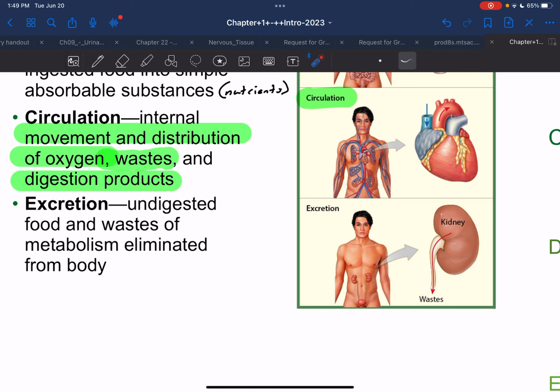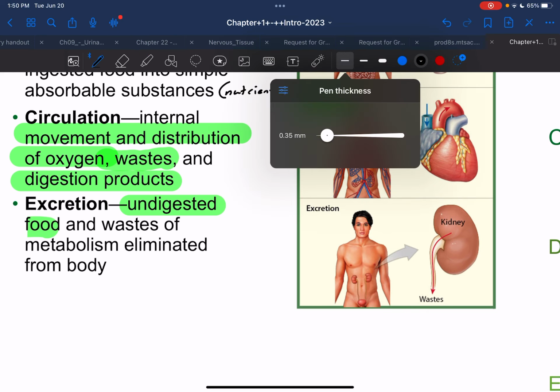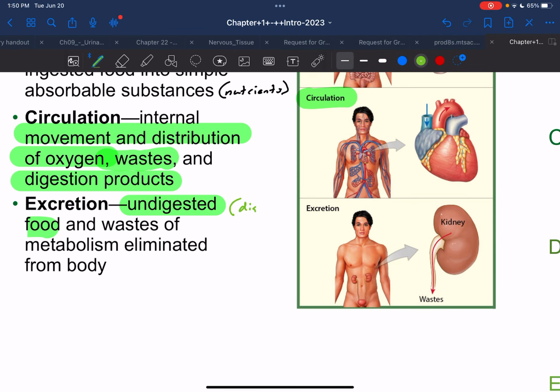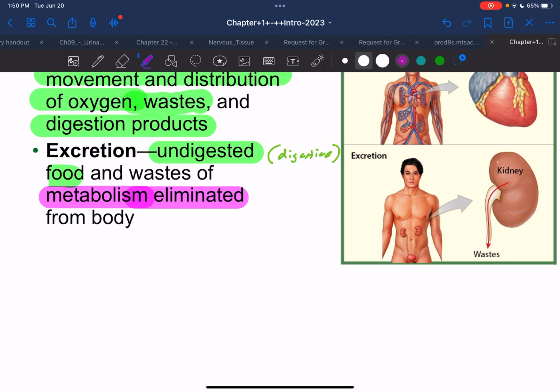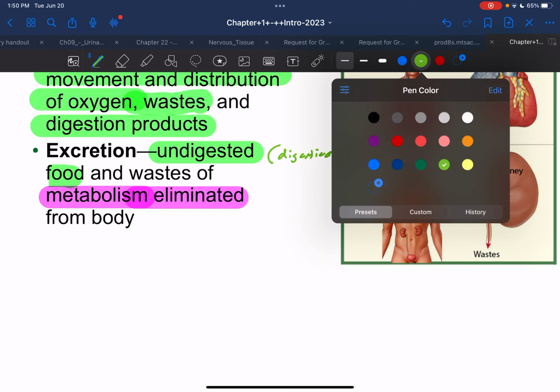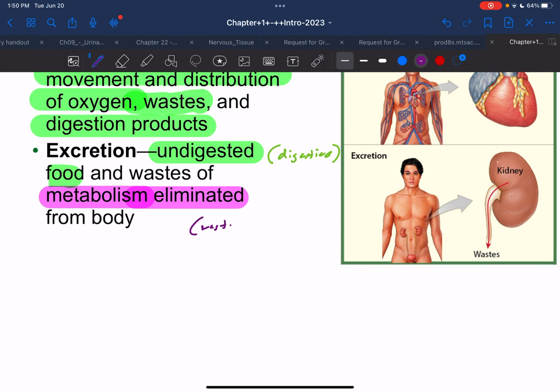And we'll talk about this system a little bit more in detail later. But otherwise, excretion overall as a function is to remove, as feces, undigested food from the digestive tract, and then waste from metabolism, or waste that the cells produce, which is removed by the kidneys, which filter waste from the bloodstream.